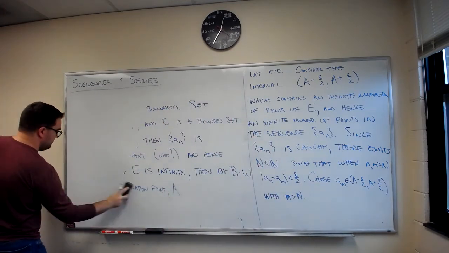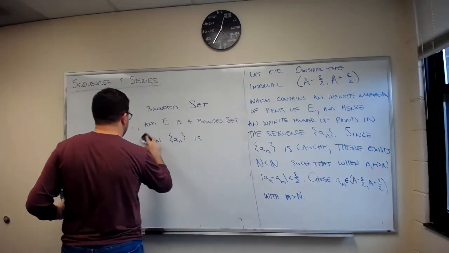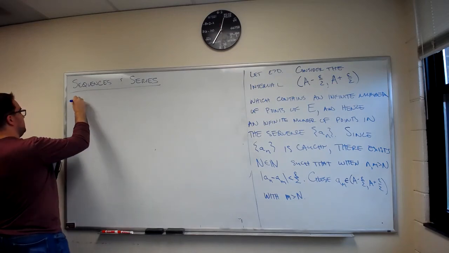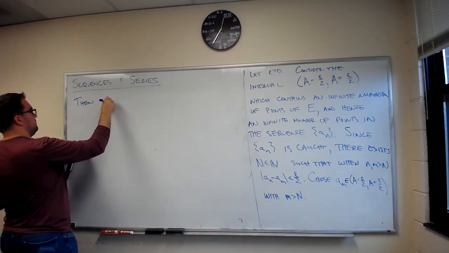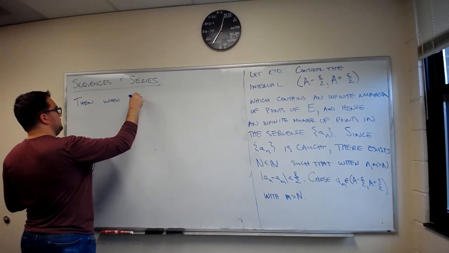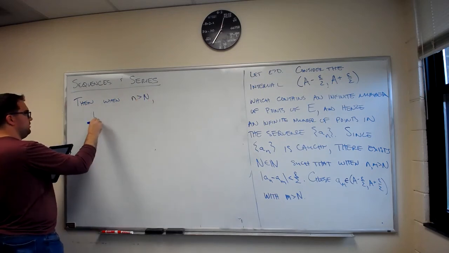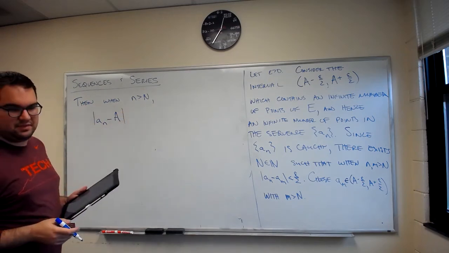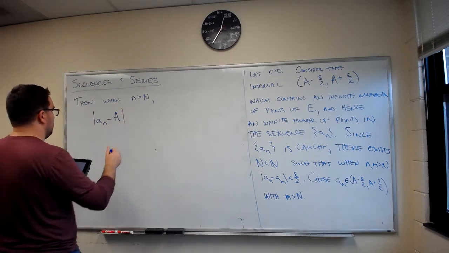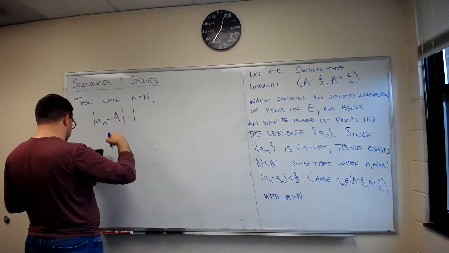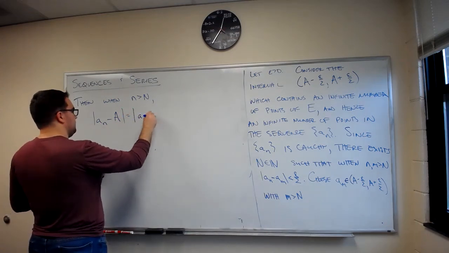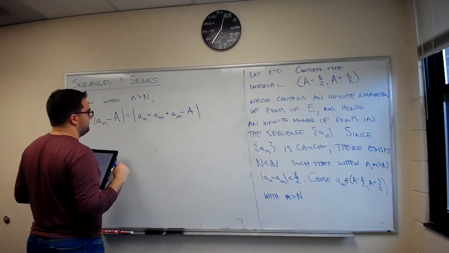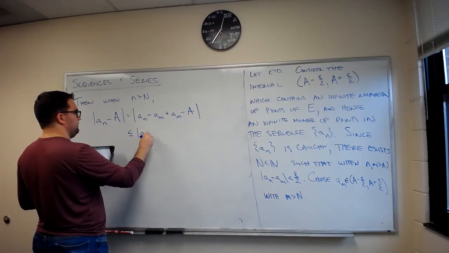Finishing this up, now I want to look at a_m minus a_n. When little n is greater than capital N, I want to look at a_n minus this accumulation point a, because that's the thing I'm thinking is my limit. Well, this will be equal to, again, the same trick as before, but now I add and subtract this point a_m, and apply the triangle inequality.